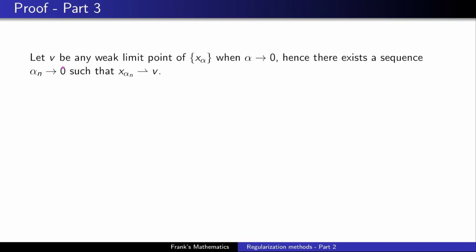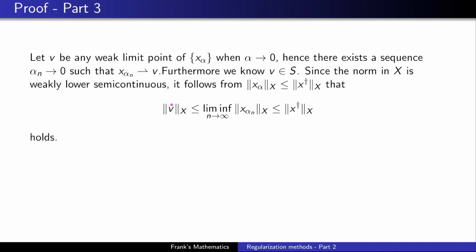We start by letting v be any arbitrary weak limit point, meaning there exists a sequence alpha n such that x alpha n is weakly converging to v. By similar arguments as before, we can show that v is in fact a minimizer. And since the norm in X is weakly lower semi-continuous, we can directly conclude that the norm of v is less or equal than the norm of x dagger.